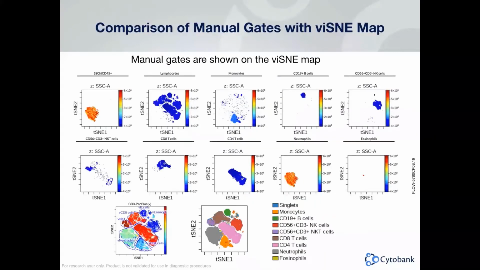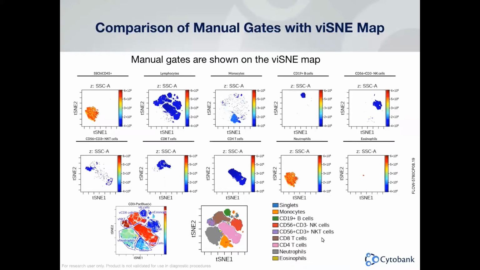So this is a comparison between my manual gates versus viSNE identified populations. This is a map we saw earlier. You will see where the CD4s, CD8s, B cells and NKT cells are. And these are my manual gates in those color blocks.